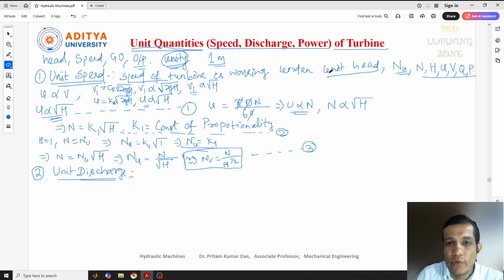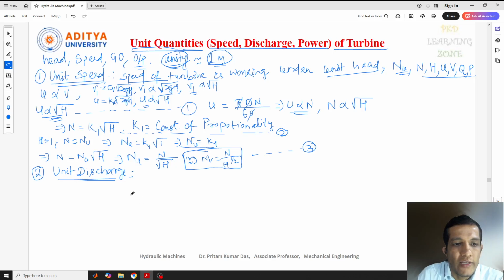It's the same thing I told you for speed: the speed of the turbine working under one unit head. So here also, the discharge passing through the turbine under a unit head. The unit head needs to be considered to calculate these unit quantities, that means 1 meter or unity needs to be considered for all these conditions.